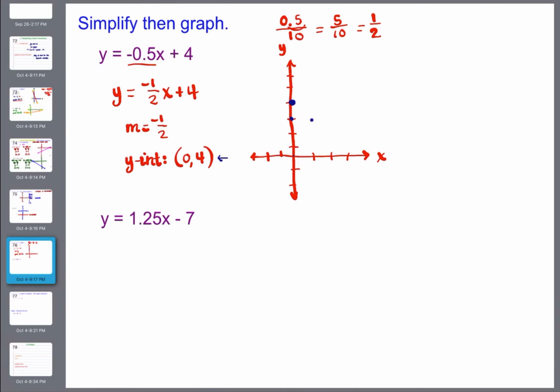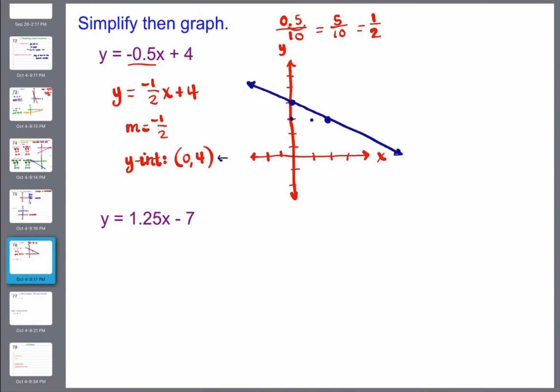Then I go down 1, and to the right 2. The reason I go down 1 is because the slope is negative, and I go to the right 2, and then there's my graph. Now my graph might not be perfect, but that's okay. I have the right points drawn here. It's not all perfectly to scale, but you can see that I don't have huge gaps and then little tiny gaps. I try to keep it looking as good as possible.